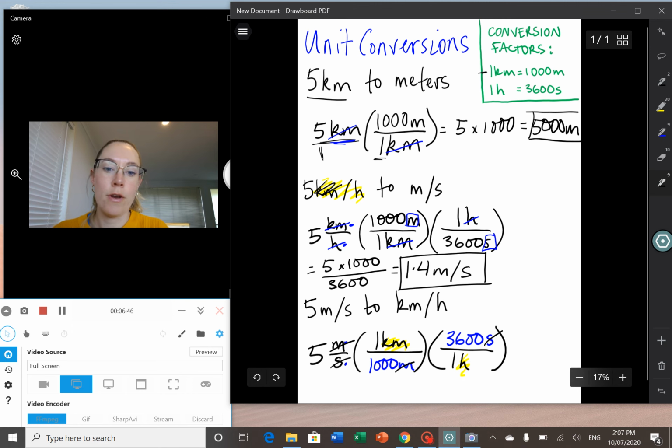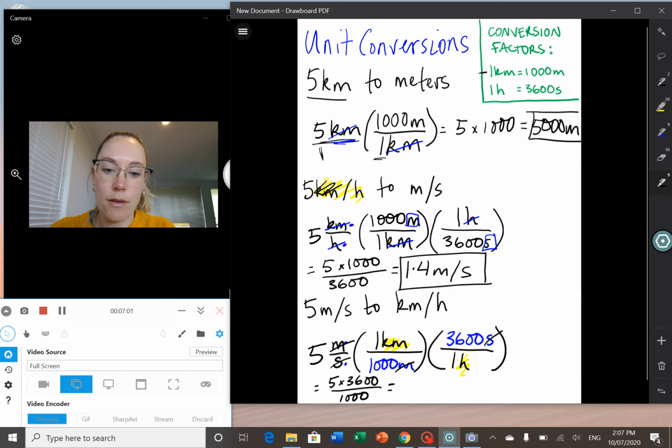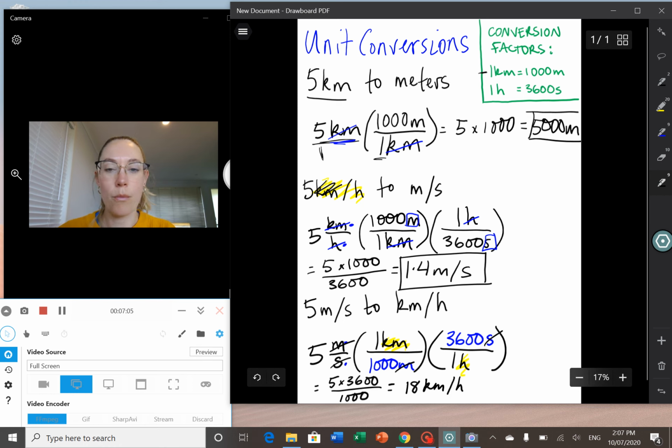And again, I don't have to put all 3 fractions into my calculator. I can simplify it when I enter it into the calculator to be 5 times 3600 divided by 1000, which is going to give me a value of 18 kilometres per hour.